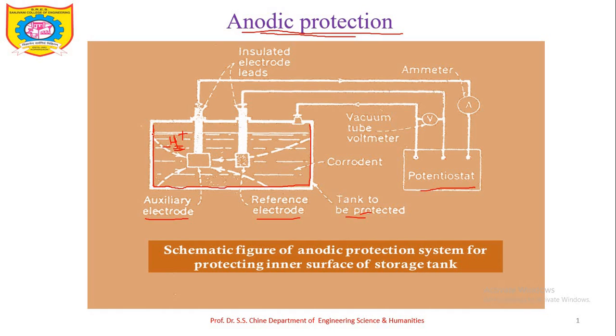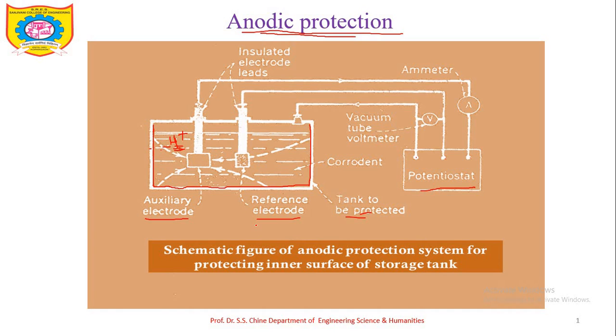But now as this layer is formed and covers the inner wall of that tank, there is a barrier, means this tank wall and this solution can't meet each other directly. In between there is an oxide layer, and because of this protective film, this tank wall is acting as passive. So initially it was active, now it is in the passive state.